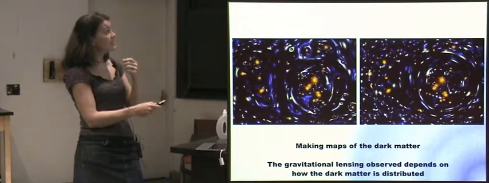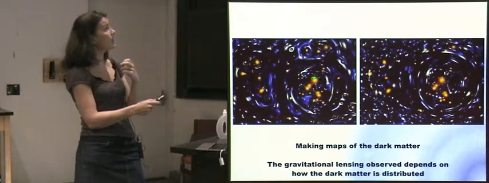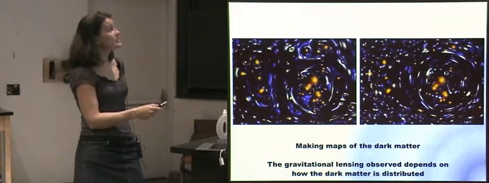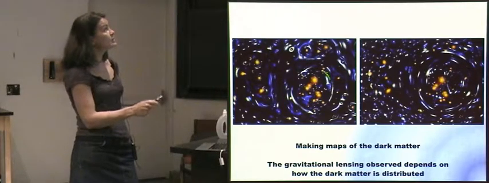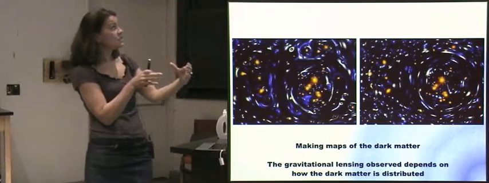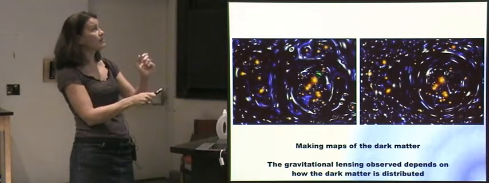So this is a simulation showing luminous material here as the orange blotches. And there are two different distributions of dark matter in these two panels, which give rise to different lensing effects. In the first panel, in the computer simulation, we clumped the dark matter around the luminous material.